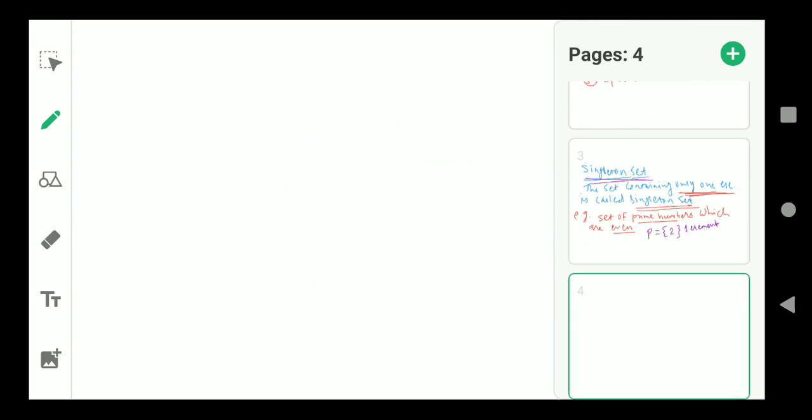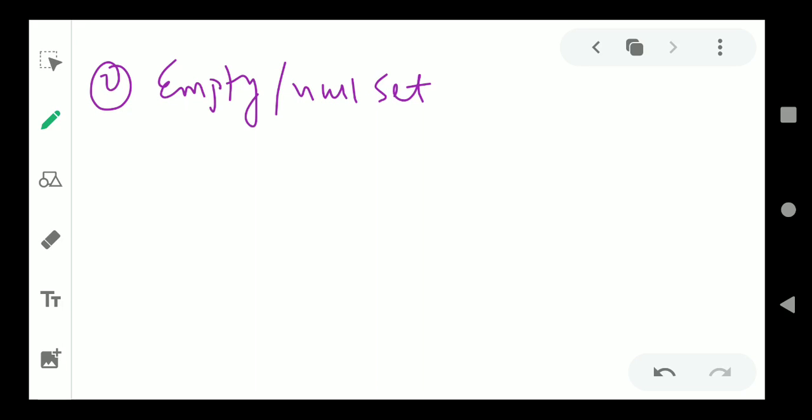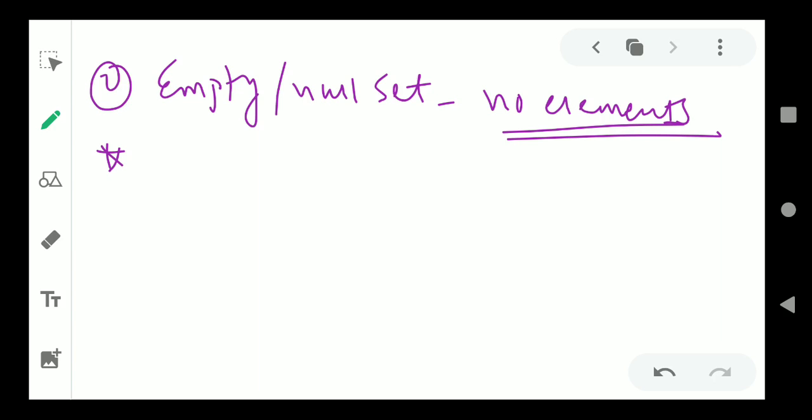Now let's move to the next type, that is called empty or null set. As its name suggests, an empty set means the set in which no elements are there. A set consisting of no elements is called empty or null set. It has a special sign to denote it.